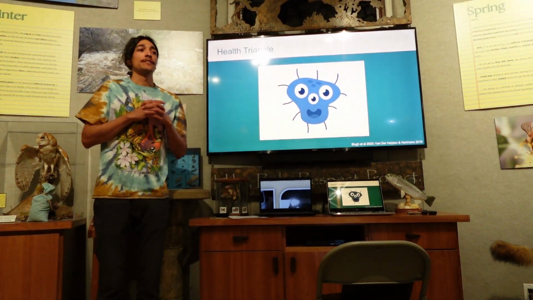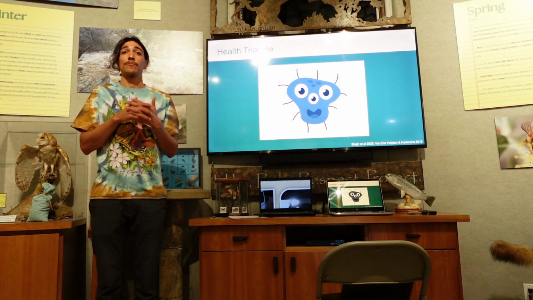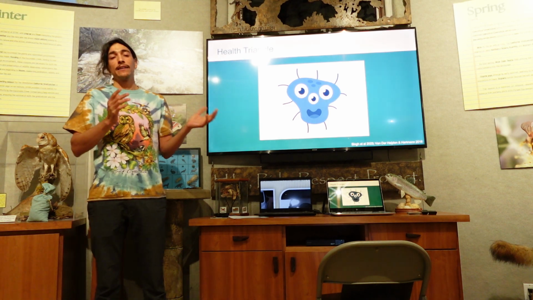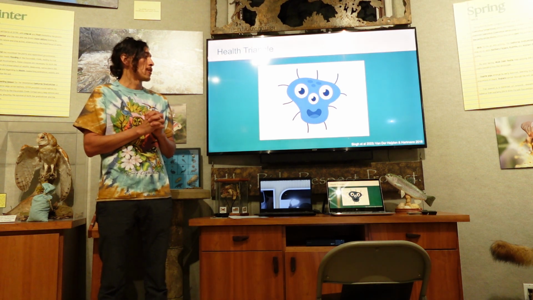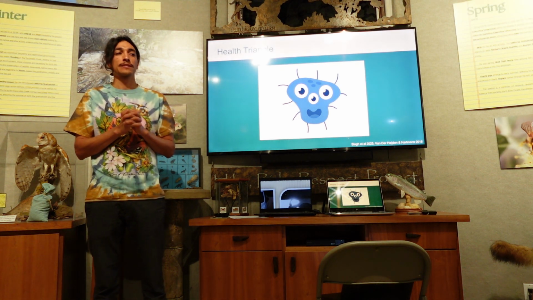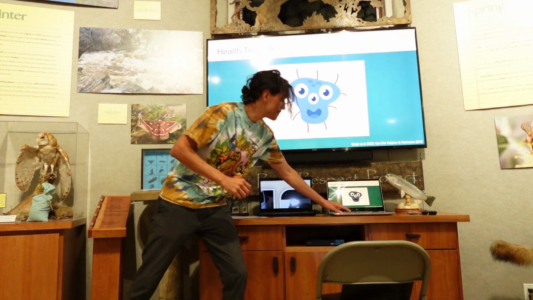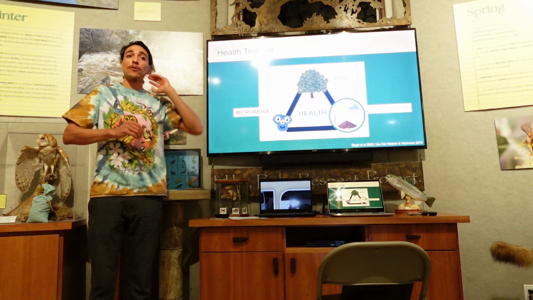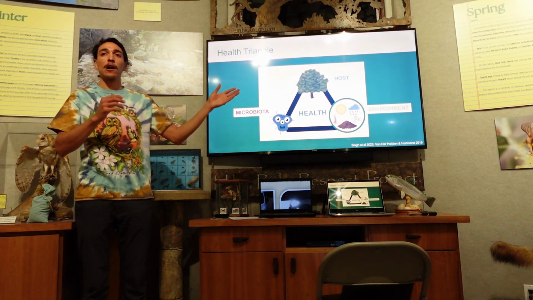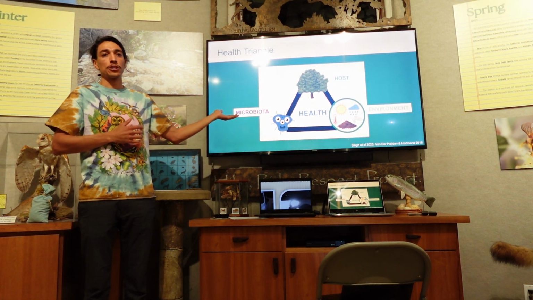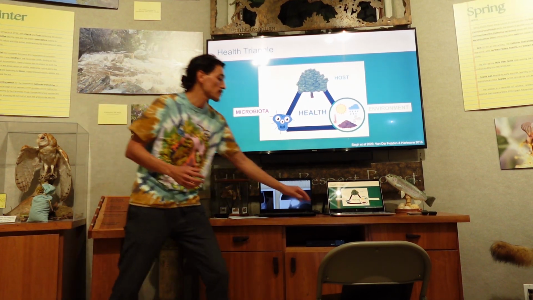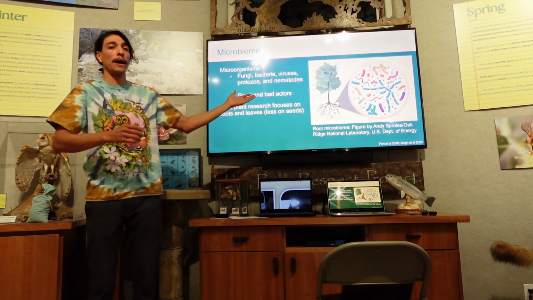But now let's imagine a more holistic approach called the health triangle, which looks at how helpful host-associated microbiota influence their host. So the health triangle shown here takes into consideration how the host, environment, and host-associated microbiota all influence the well-being of their host species. Which leads us to the microbiome.